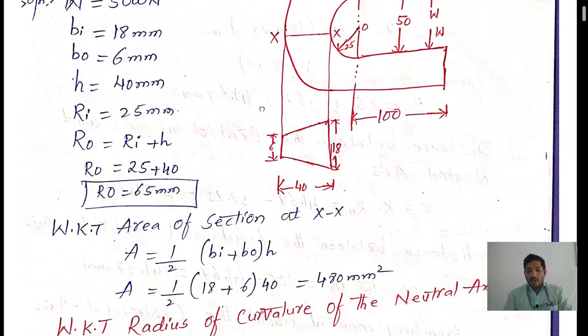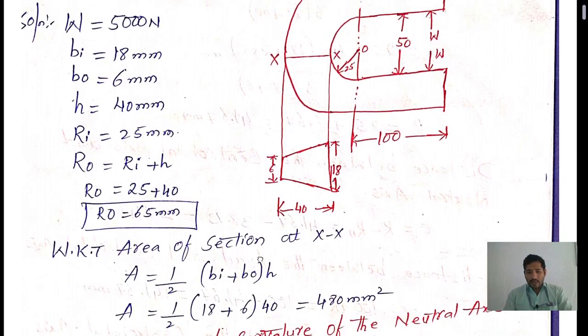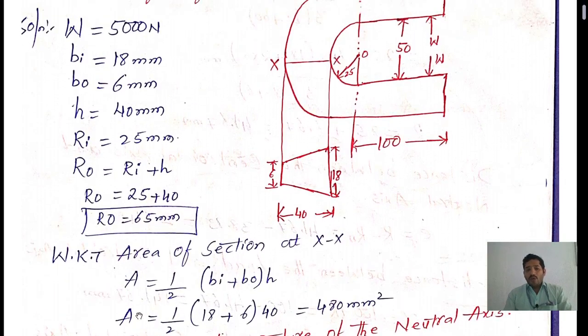So first of all we need to find this area. If you want to find the area of the section, we have to use the formula area is equal to 1 by 2 base into height, but actually here two bases are given. One is the inner width and another one is the outer width.